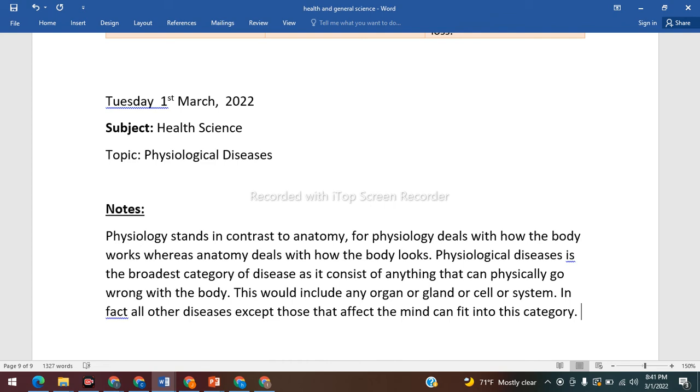So when we talk about physiological disease, we can be talking about a broken bone, or we could be talking about something as deep as cancer. A twisted spine is like a broken bone?